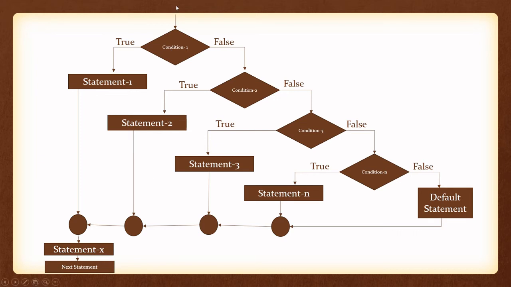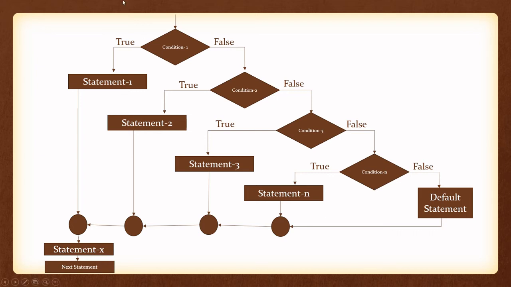And another thing, if the condition 1 failed, at that time it will check the condition 2. If the condition 2 is true, then the statement 2 alone will be executed. The rest of the statements will not be executed. This case is applicable for all the conditions that you have defined within the else if ladder.